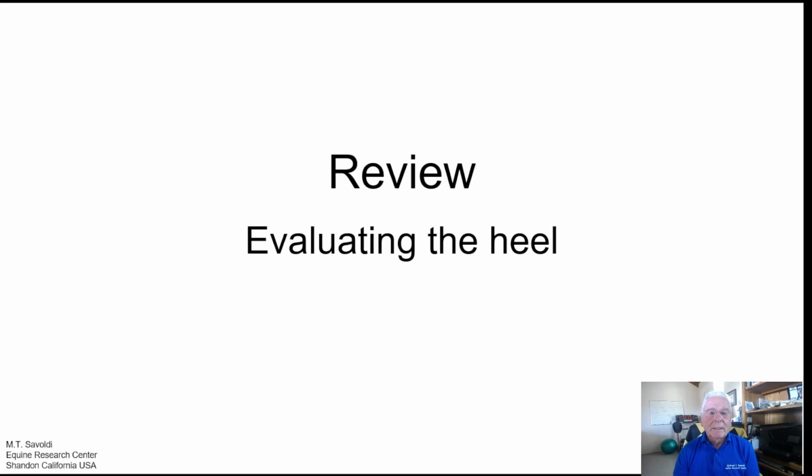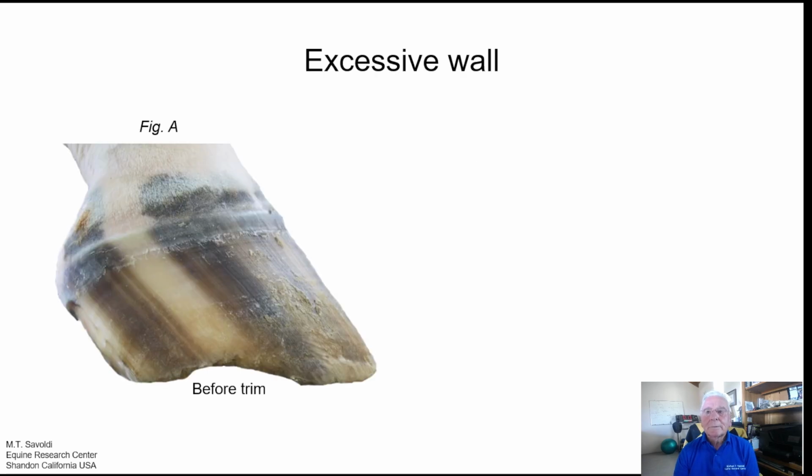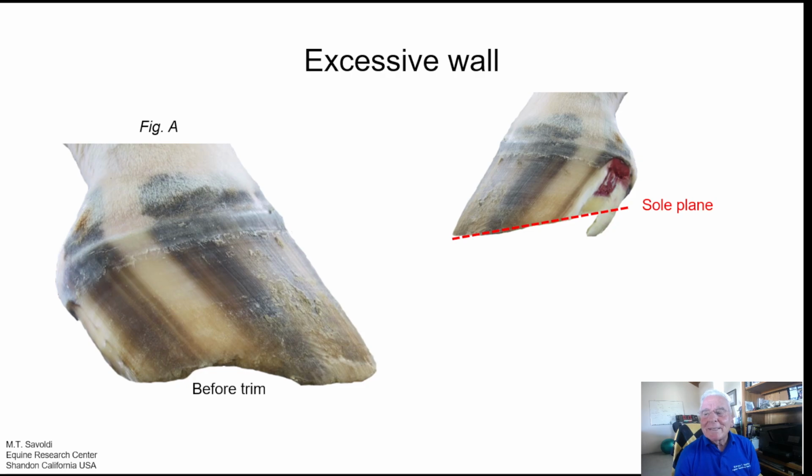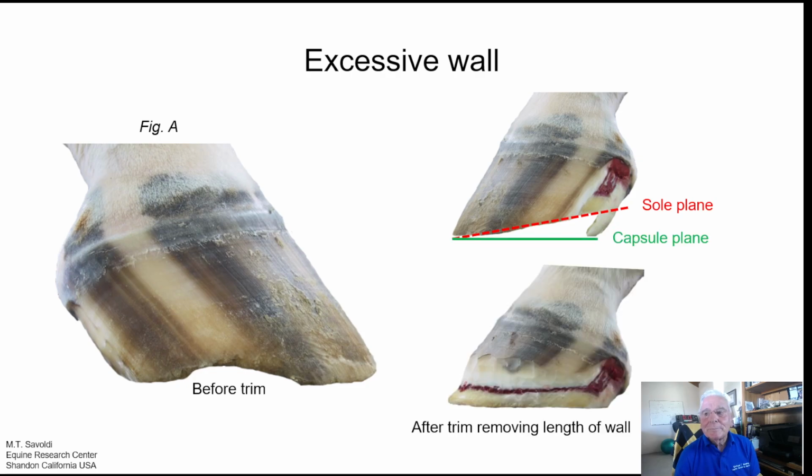Review, evaluating the heel. Excuse me, by the end of the lectures, I get pretty tired. So this is before trim. This is after, with the sole plane identified and our hoof capsule. Now we have our after trim removing length of wall.